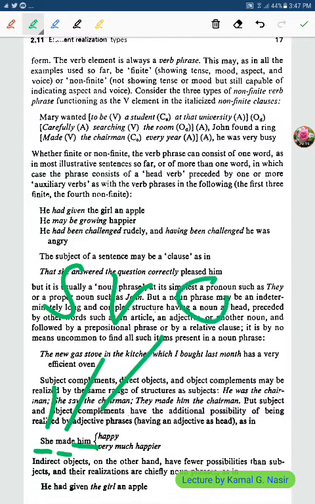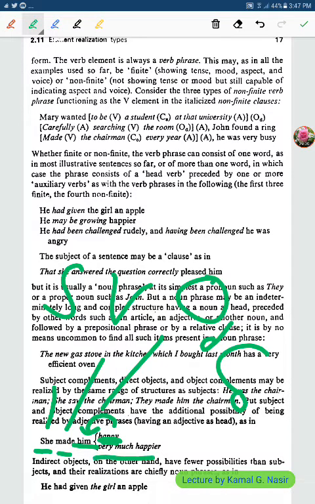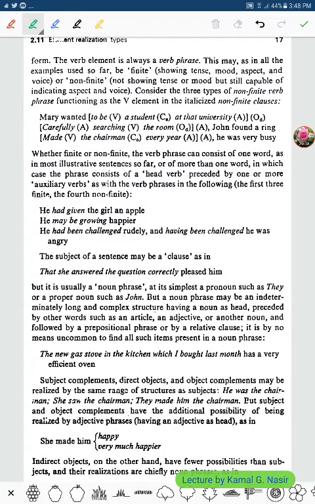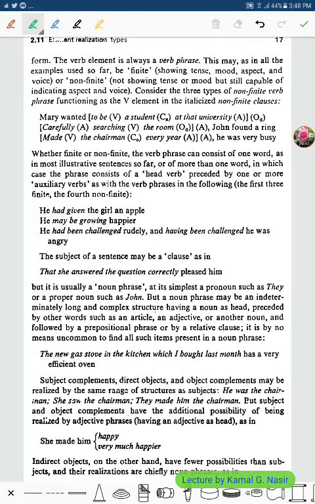Him, direct object. Who is happy? He is happy. Then it is what? Object complement. Very much happier. It is the same, just like this adjective, and also it is what? Object complement, but it is what? An expansion. It is expanded phrase. Adjectival phrase.